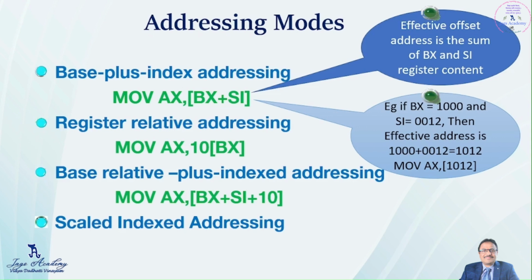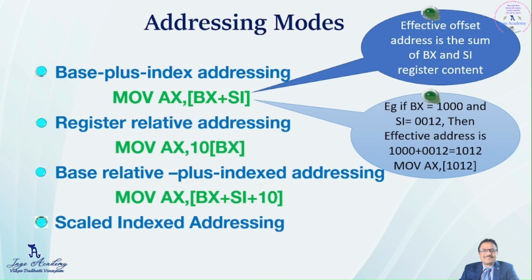Your address is available in 2 registers now. One is in the BX register, another one is in the SI register. So the sum of the BX register content and SI register content gives you the actual address. Okay, see here. The effective offset address is the sum of the BX and SI register content.